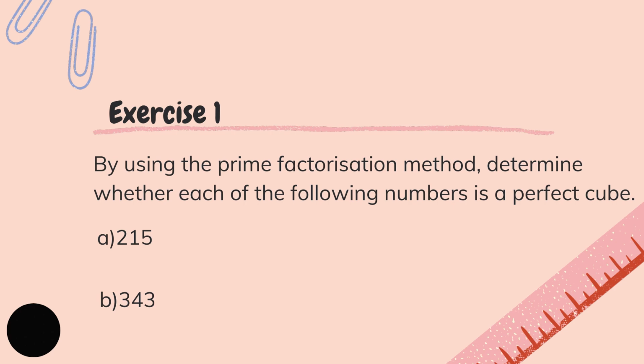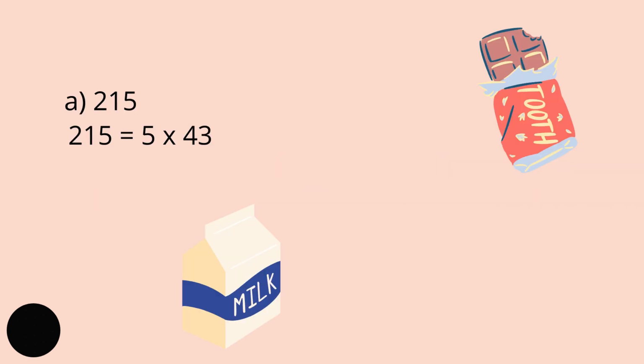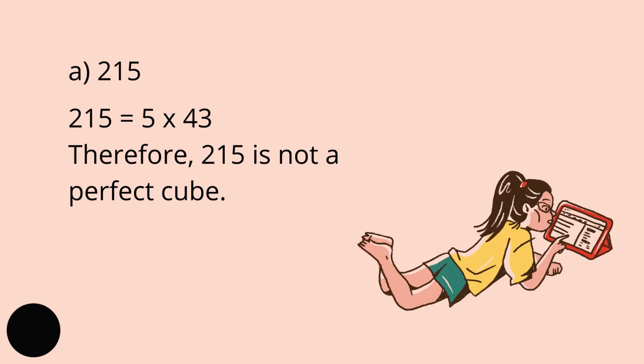Now let's look at exercise 1. By using the prime factorization method, determine whether each of the following numbers is a perfect cube. Let's take a look at A, which is 215 equals 5 multiplied by 43. 5 and 43 are two different integers, therefore 215 is not a perfect cube.